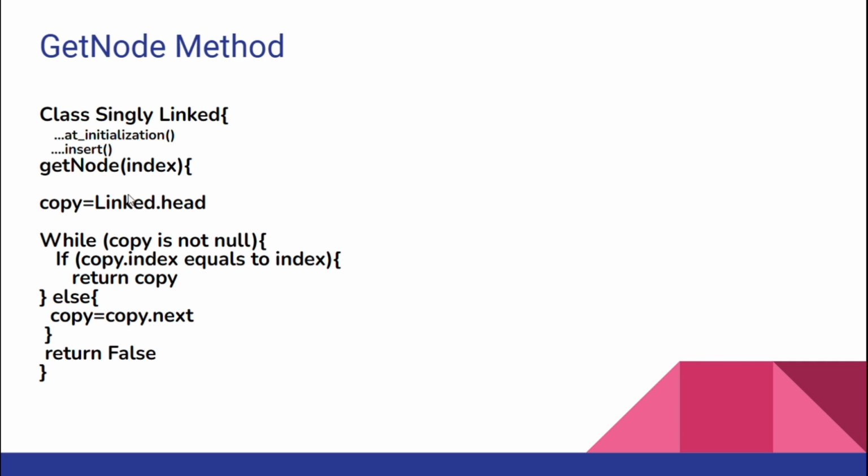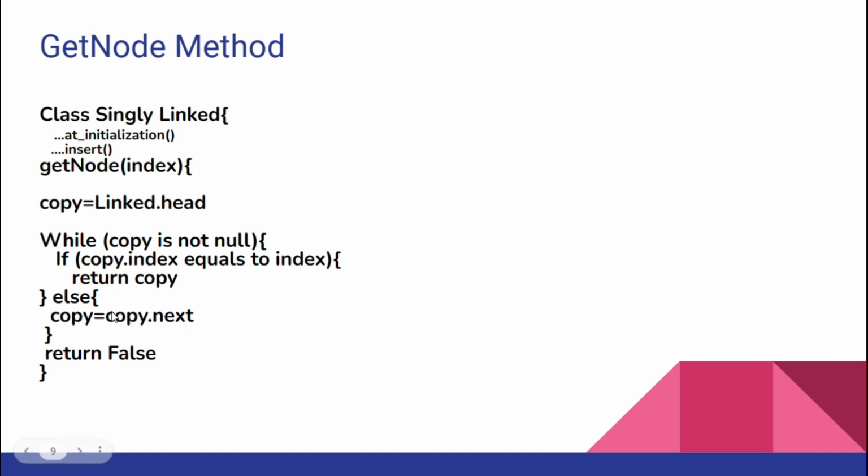So let me run through the pseudocode and explain how it works on the ground. First it creates a copy of the collection, then it uses a while loop to keep on traversing the collection as long as the copy is not null. If it finds any node with an index attribute that is equal to the index to be found, it returns that node.